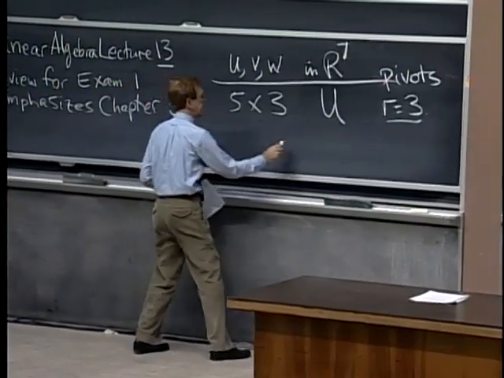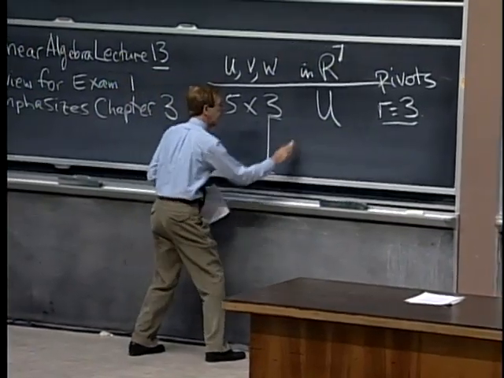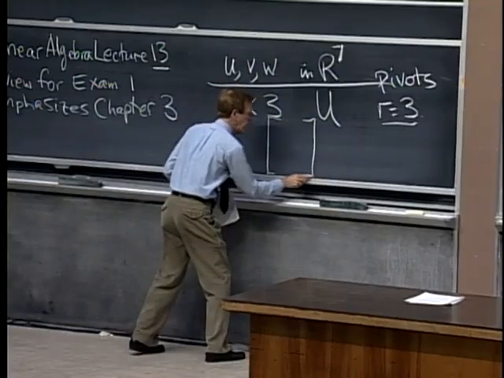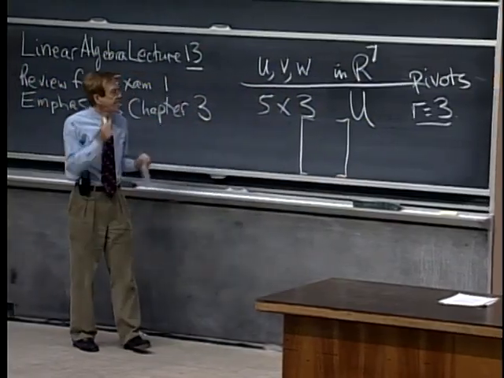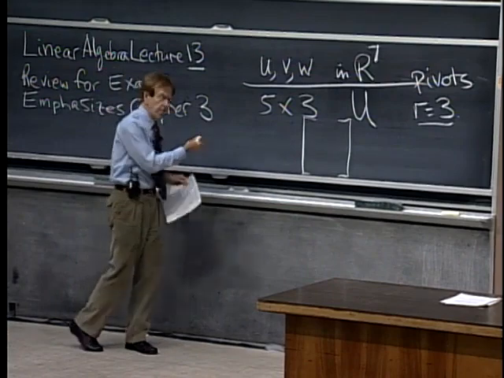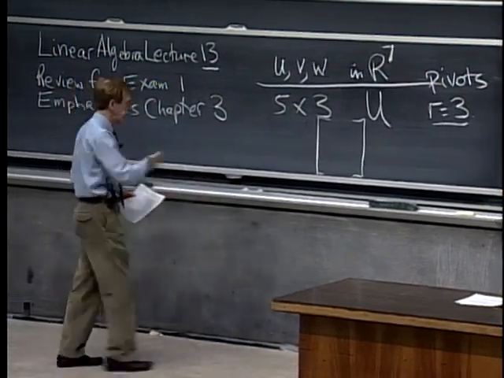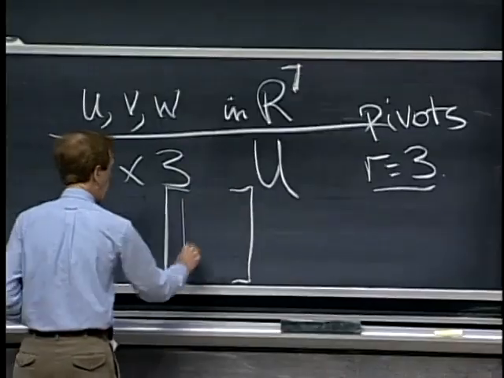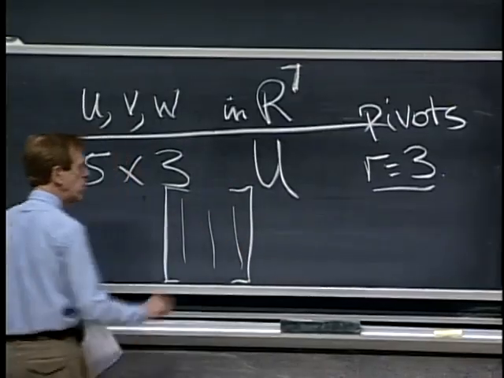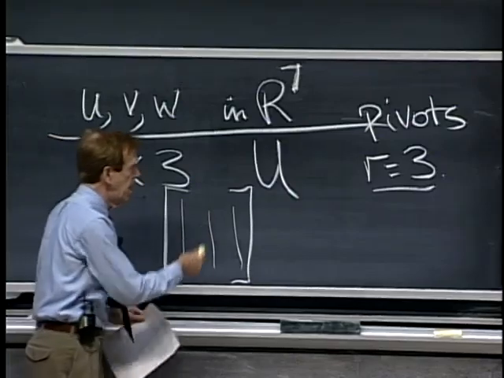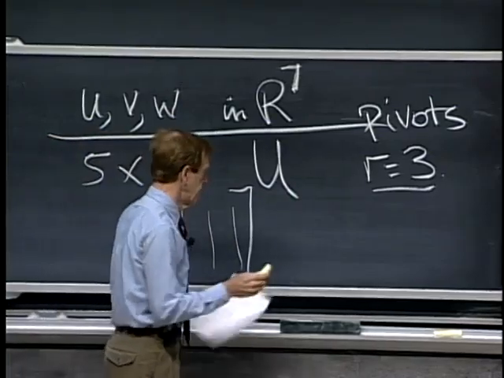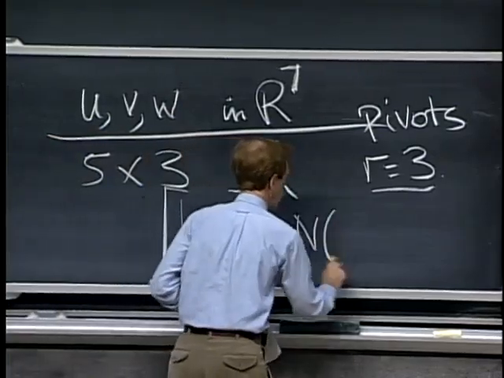So this matrix is 5 by 3, and I find it helpful to just see visually what 5 by 3 means, what that shape is. 3 columns in U, then 5 rows, 3 pivots, and what's the null space?